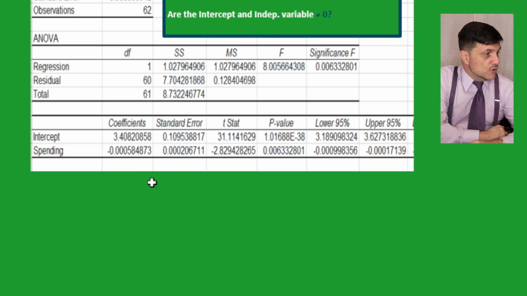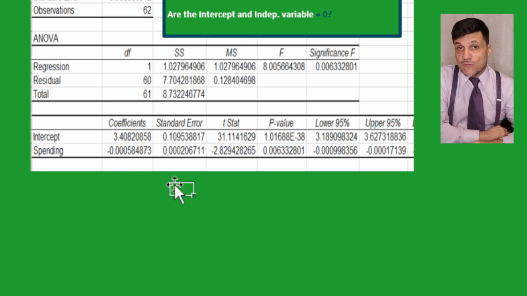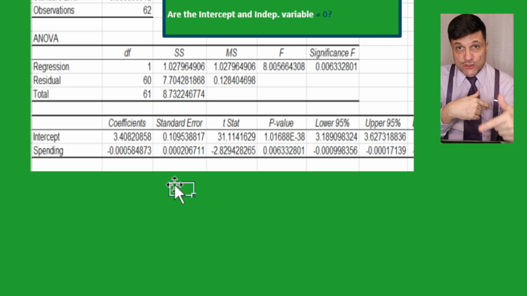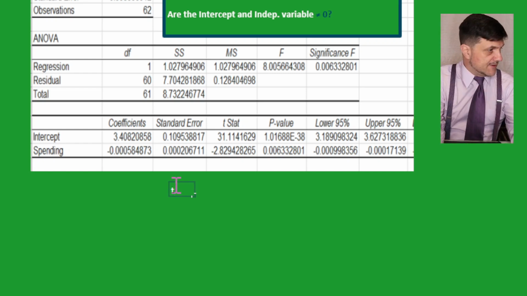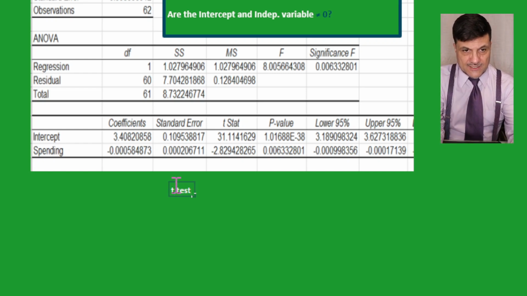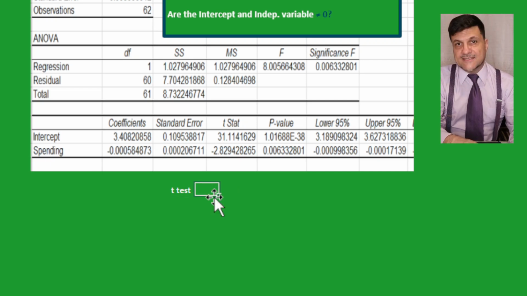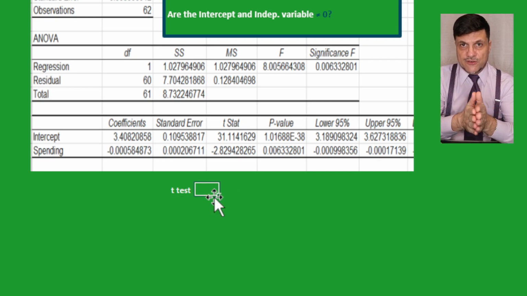Now, do you remember the formula for the t-test? Because this is an expected value, right? I expect the intercept not to be zero. So I need to do a t-test, or a t-statistic, or a t-distribution, let's say. Okay? All right, a t-test. How do we do the t-test? I said to you in the previous video, you need to remember two formulas.